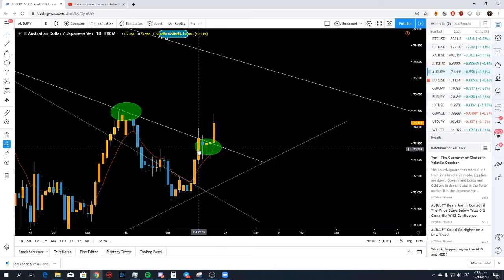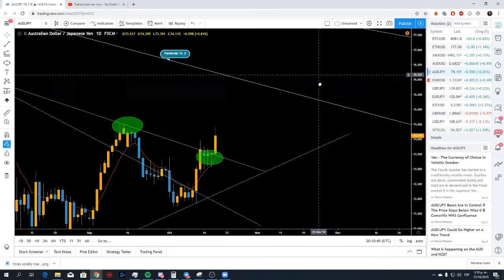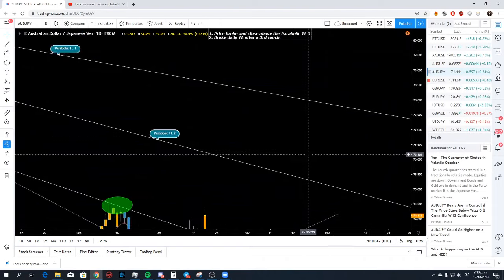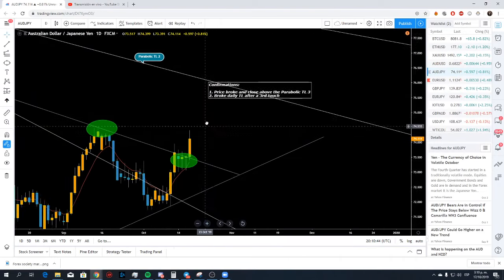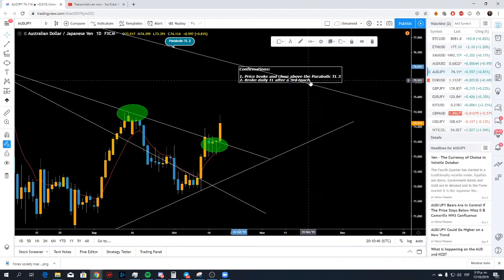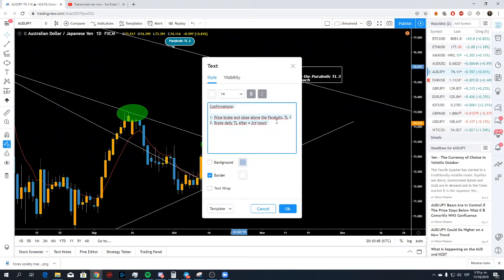These 3 consecutive weeks are, let me type it here, another confirmation. So until now we got 3 confirmations for this pair.